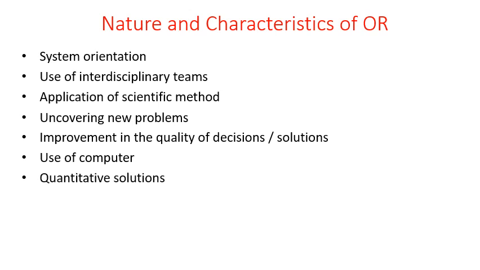Quantitative solutions. Again, if profit to a company is say rupees X, then decision A. For example, two alternatives are there. Application of scientific method. If I select alternative A, I get X amount.